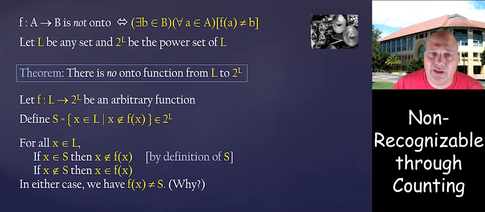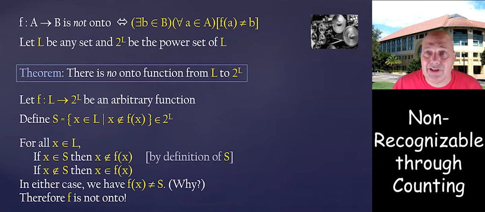We showed that for any function f, when we define S given this function f, no x is mapped to S. So this means that f cannot be onto, because we found a set S that nothing is mapped to.